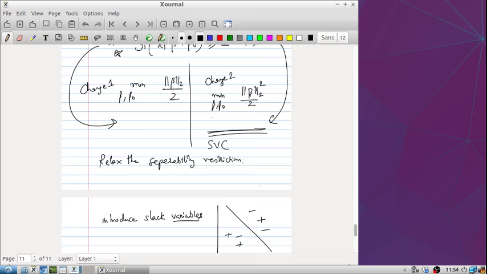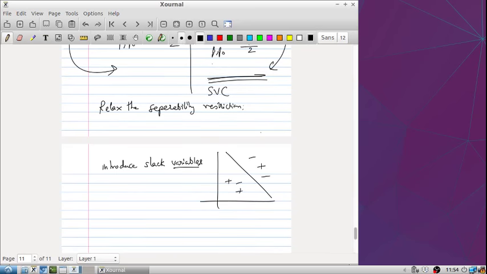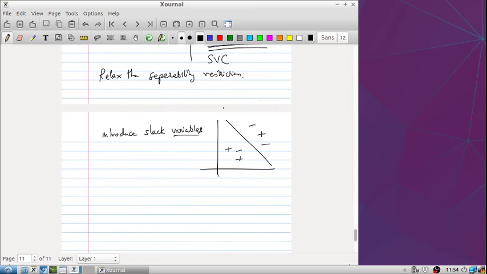Those are my variables. I just need to find the beta and beta naught such that the objective is minimized. So I'm going to introduce slack variables. These are additional variables. In fact, I'll have a slack variable which is going to be ξi, for i equal to 1 to n. So if I have 100 data points, there will be 100 new variables. Too many variables now, I'm blowing it up. But ξi is 1 per example.